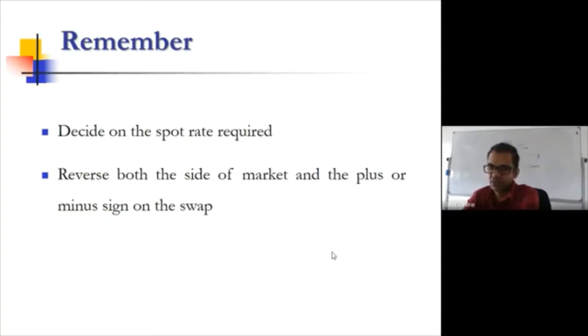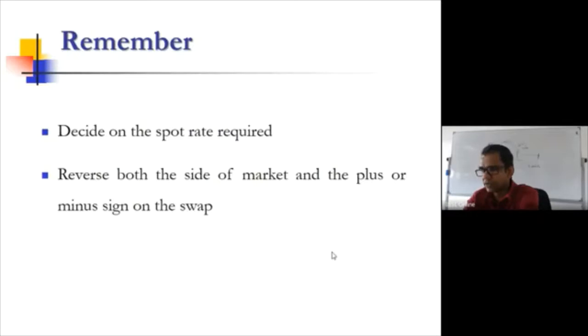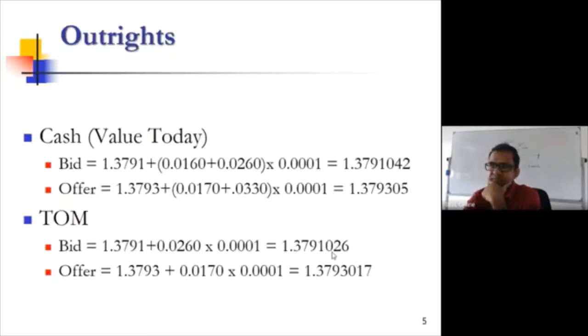Remember that when you do that for a short date, that means a cash transaction or a Tom transaction, you have to do this. So that's how we calculate the applicable exchange rates for the cash transaction and Tom transaction.